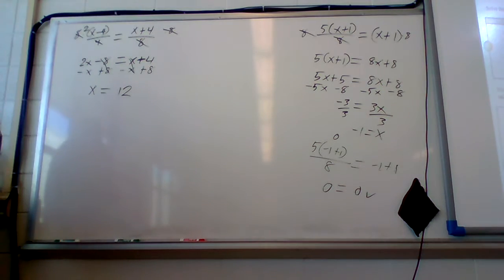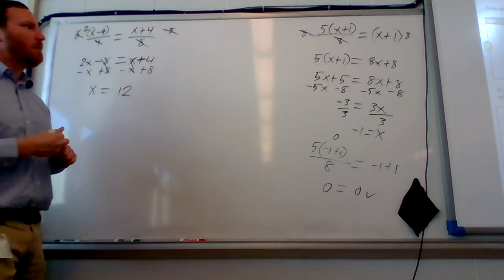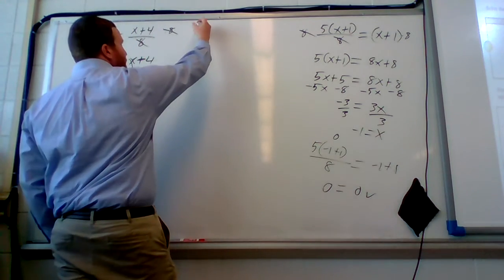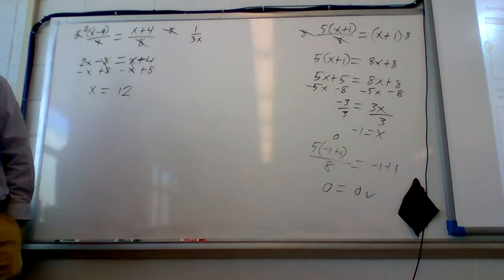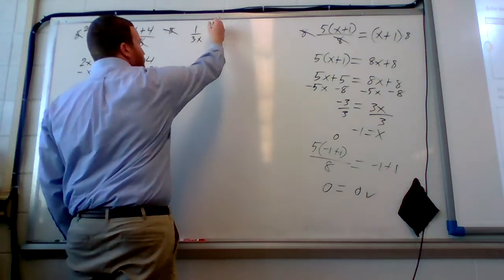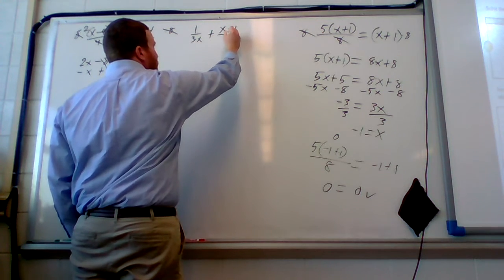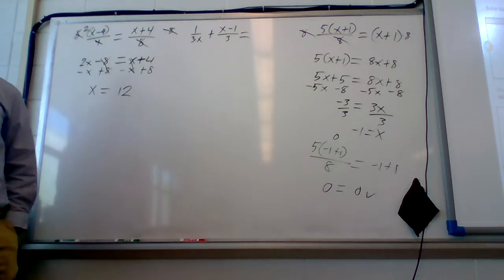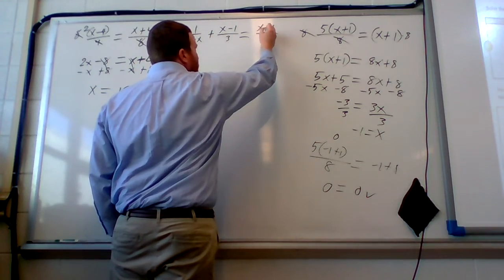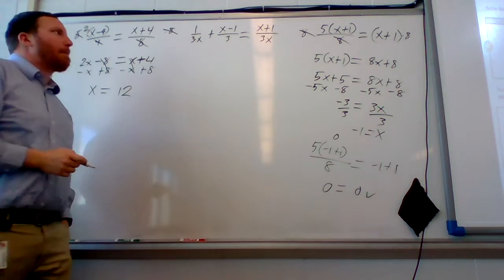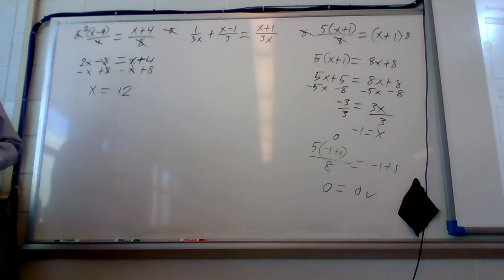Okay. Then our last one, now we have equation number 3. We got 1 over 3x plus x minus 1 over 3 equals x plus 1 over 3x. So again, the first thing that we want to do is find our least common denominator.